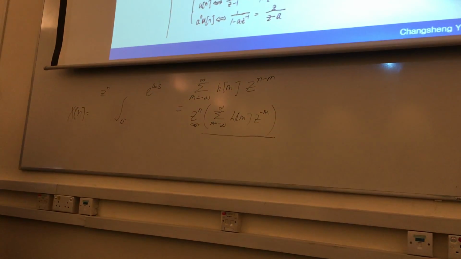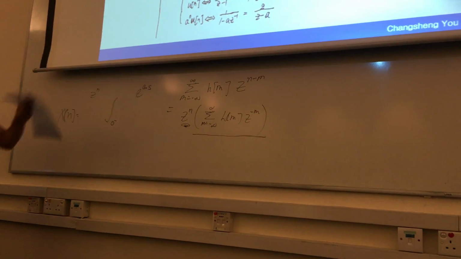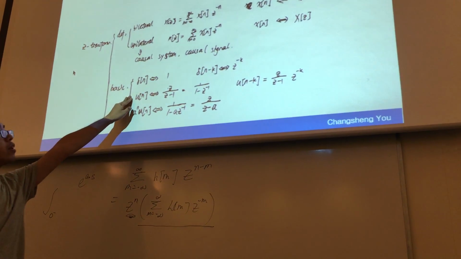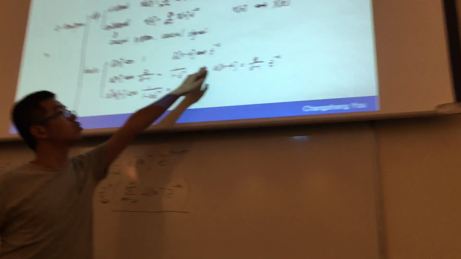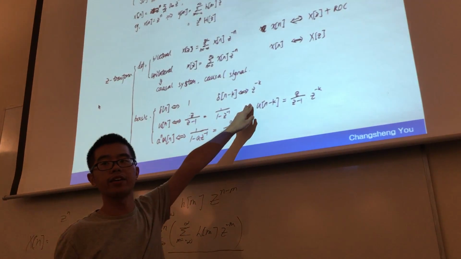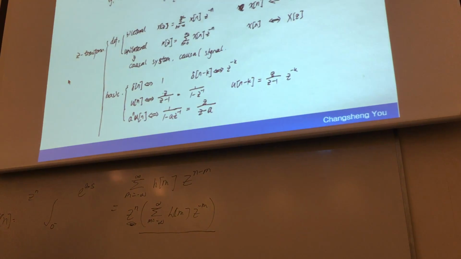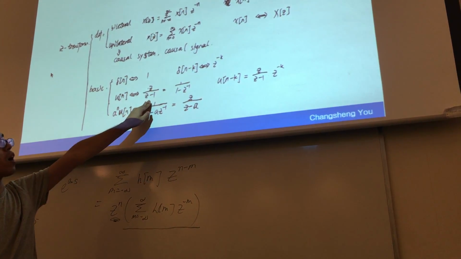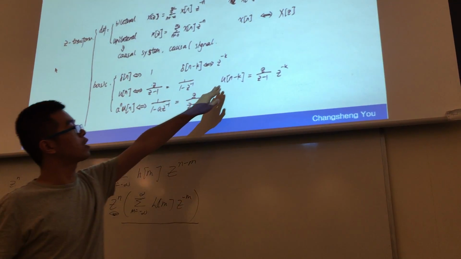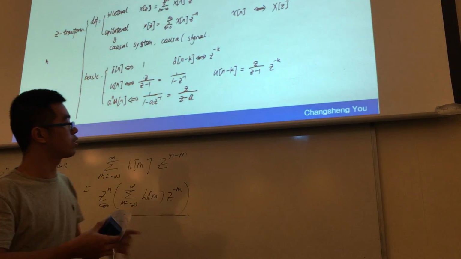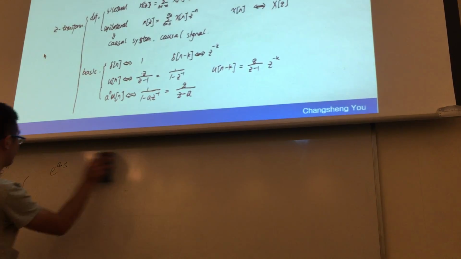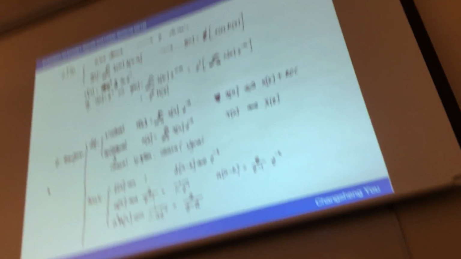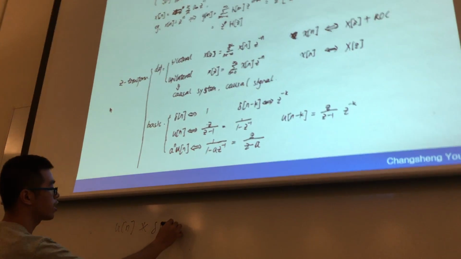And you need to know some basic signals in the Z transform. For example, the impulse signal is just 1. The delayed impulse is z to the power minus k. And the step function is z over z minus 1. And if it comes with a delay, you can consider this as u[n] convolved with delta[n minus k].